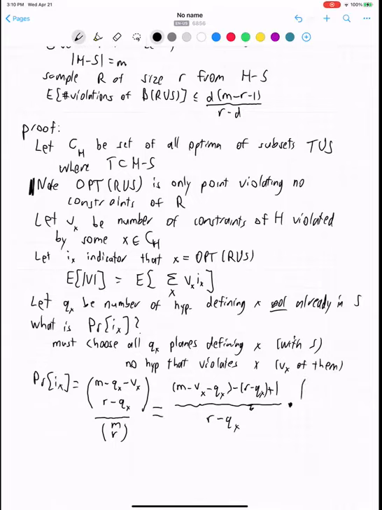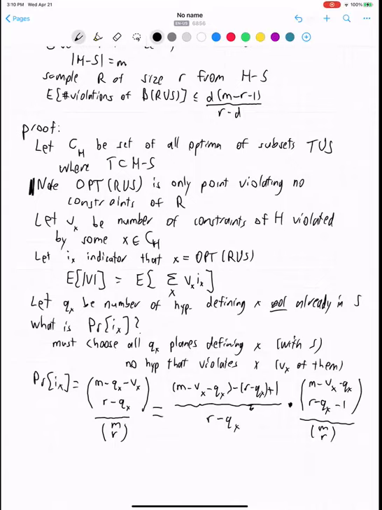So now, instead of r minus qx in the lower term, let me write it instead of talking: choose r minus qx minus 1, divided by m choose r.